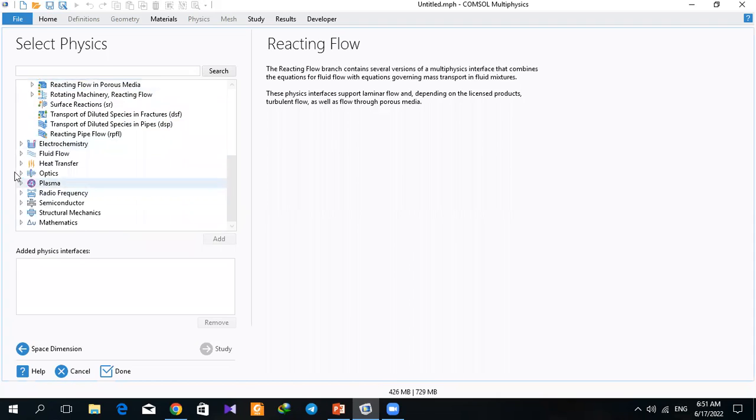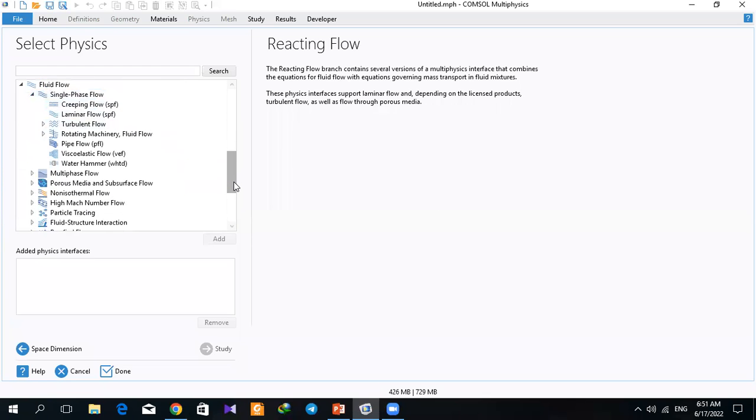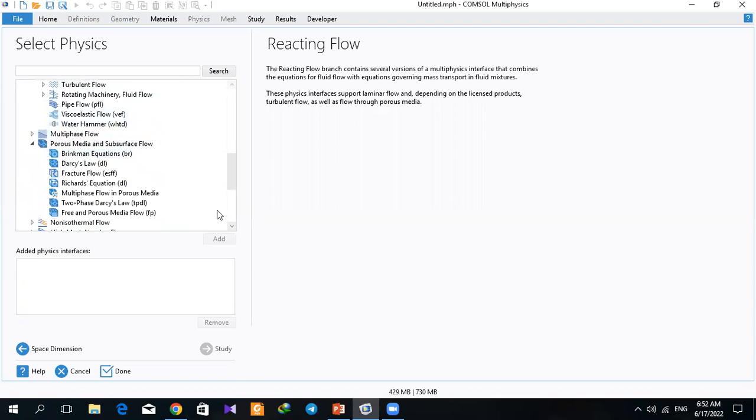And for the sake of, for example, fluid flow, you have a single phase flow that can be either creeping flow, laminar flow, turbulent, and other types of fluid flow. And here is the porous media domain that can be helpful for selection of your preferred domain.